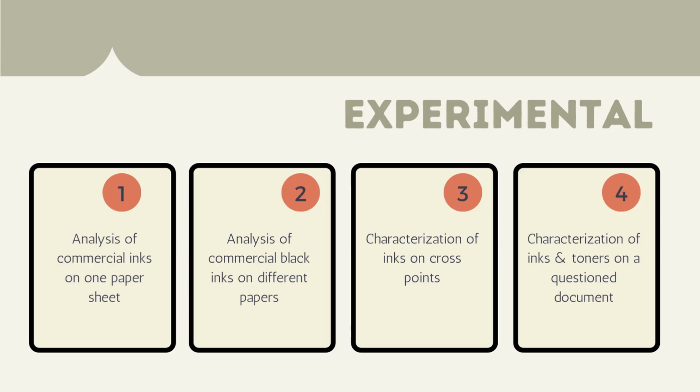In this paper, the researchers tested LIBS for all relevant issues in forensic examination of commercial inks, including the classification of pen inks on one paper type and also on different paper types. The third analysis is determination of the deposition order of layered ink. And the last analysis is the analysis of signature and toner on a questioned document.